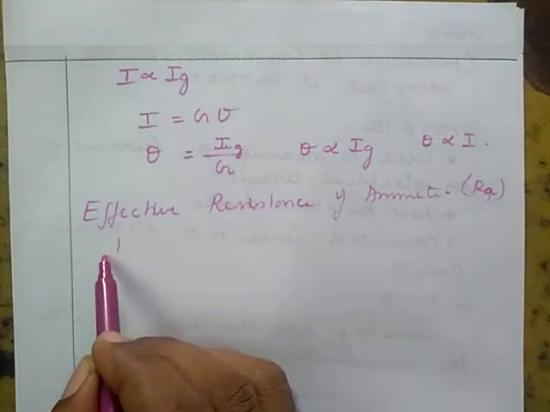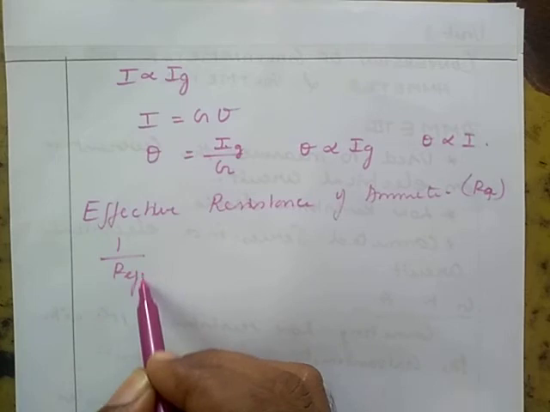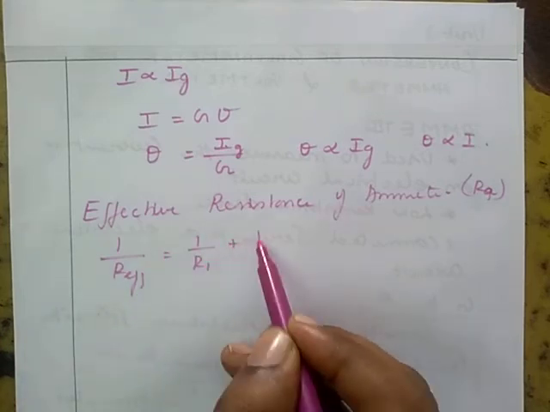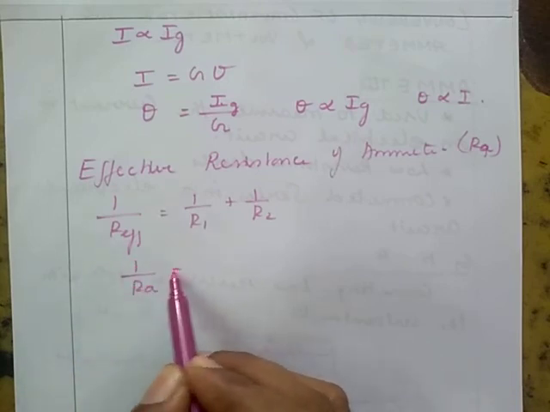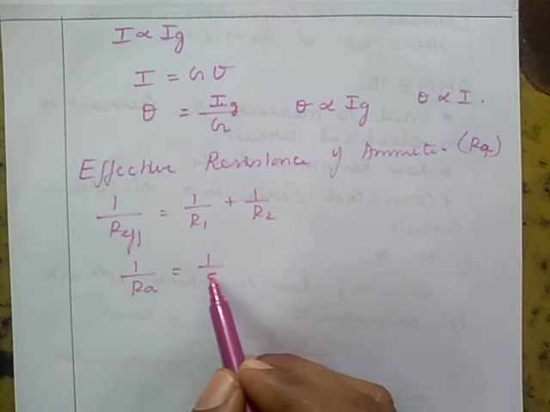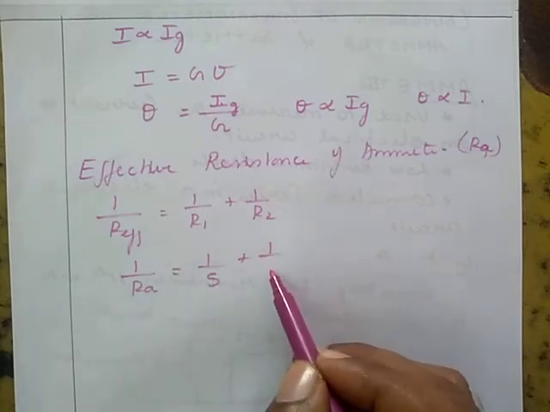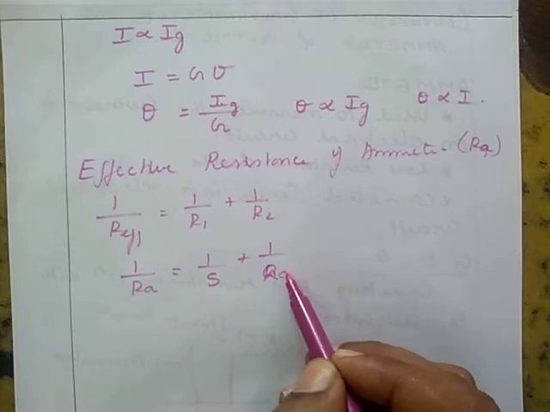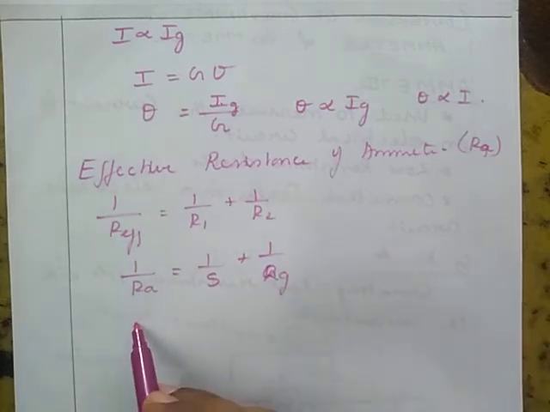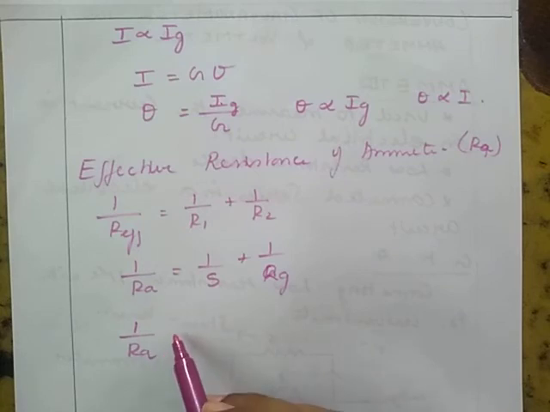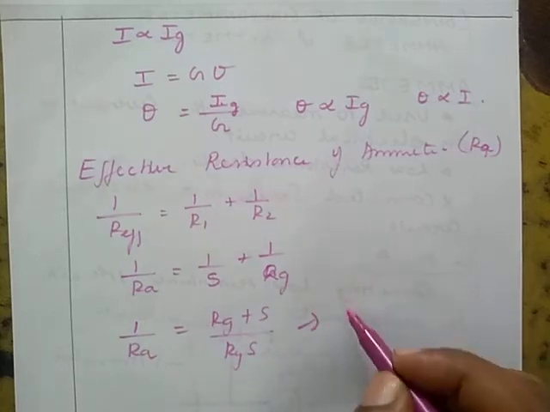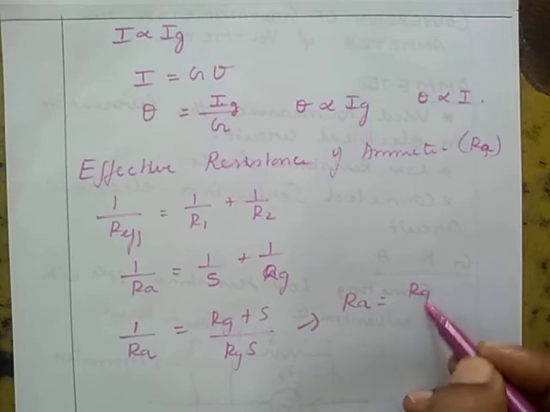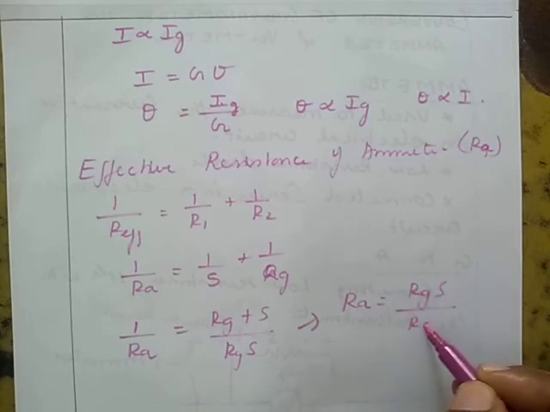We know the formula for effective resistance is 1 by R effective is equal to 1 by R1 plus 1 by R2. Here R1 is the shunt resistance, that is S, and R2 is the resistance of the galvanometer, that is Rg. After solving this, we get 1 by Ra is equal to Rg plus S by Rgs. Then reciprocating it, we get Ra is equal to Rgs by Rg plus S.